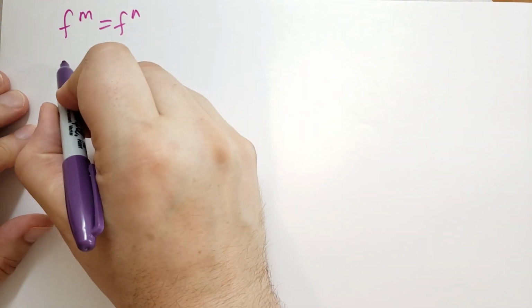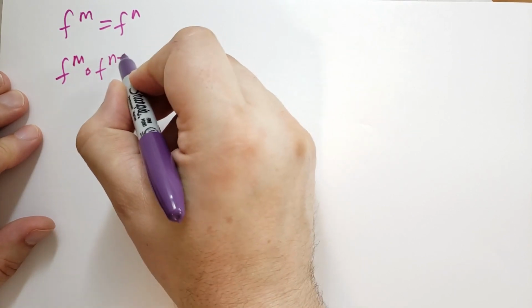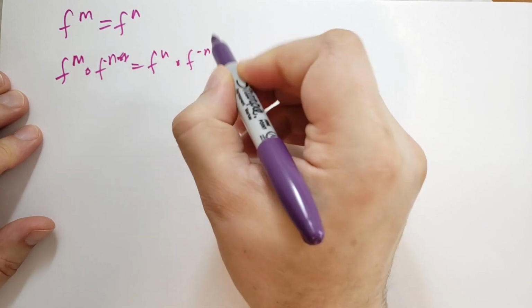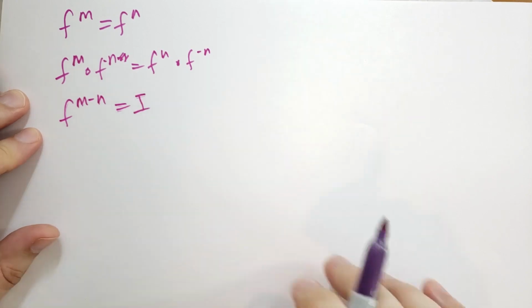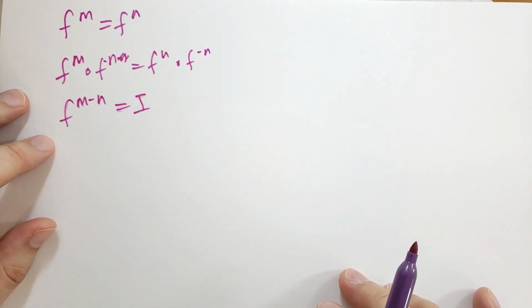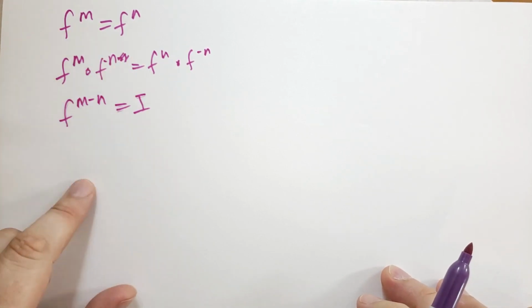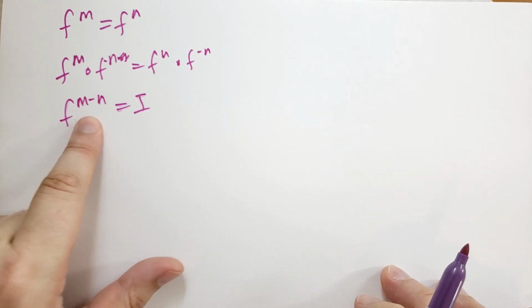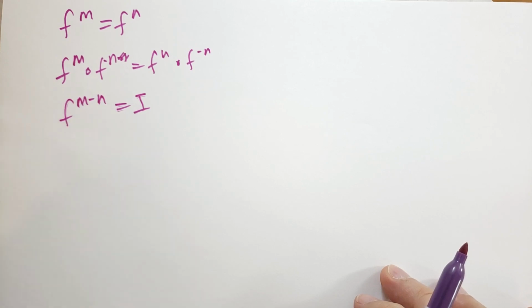What this means is that if we compose both sides with f to the minus n, then f to the m composed with f to the minus n is equal to f to the n composed with f to the minus n, so f to the m minus n is indeed the identity. If you did have such a magical function, I can't think of what that would look like at this time. Maybe you have an idea. If you do, comments below. And when you compose this with m minus n, that's actually the identity.